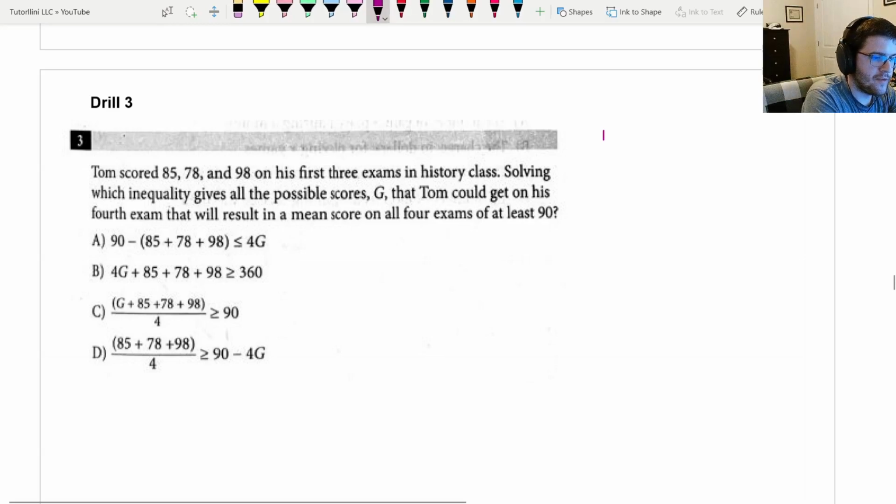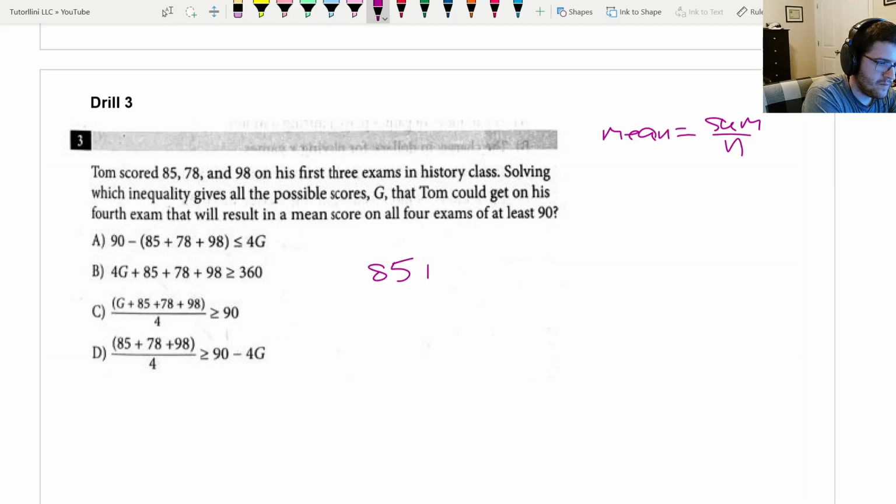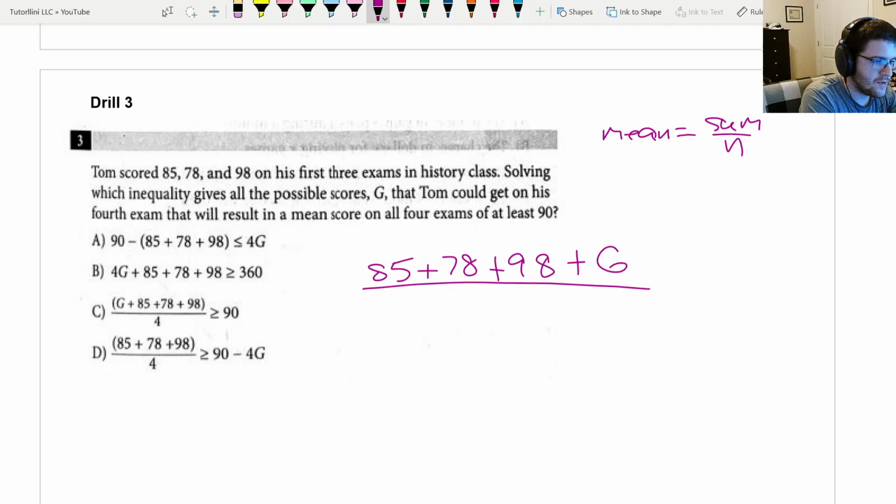Okay, so mean is sum divided by n. So we're going to do 85 plus 78 plus 98 plus whatever he gets on the 4th exam, which they call G, divided by the total number of exams, which is 4.